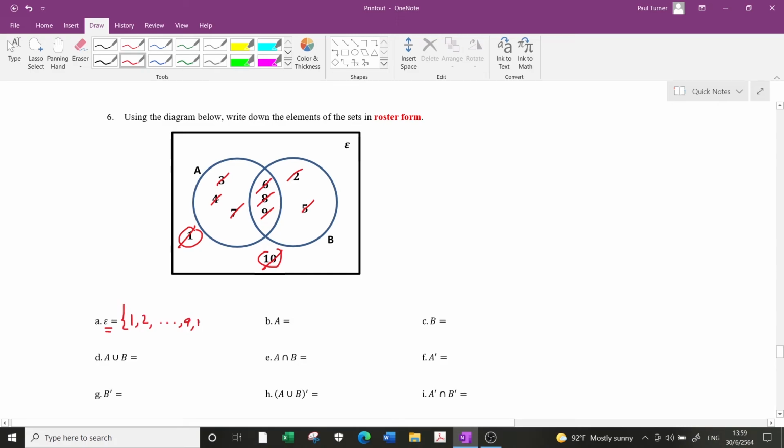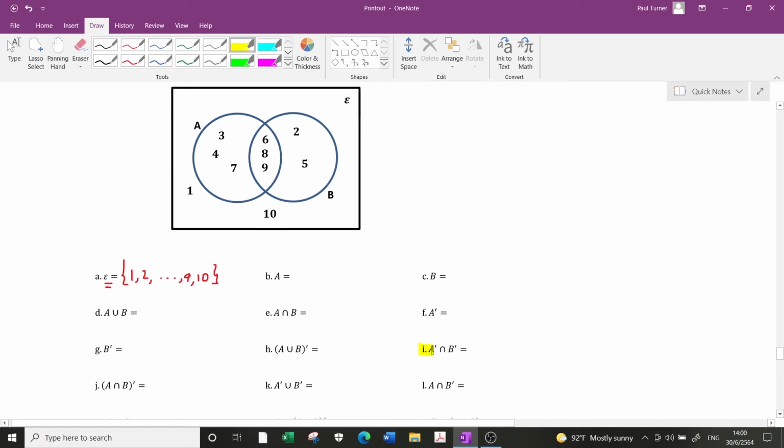I'll just do shorthand like that. So A union B, remember, is all of the elements in A and B. So your answer for this one would be everything that's colored in yellow here. So 2, 3, 4, 5, 6, 7, 8, 9 would go here.